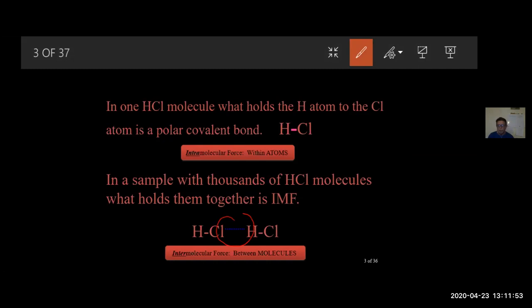Those intermolecular forces of the molecules of the heavy, thick butter are very strong. Hence, they have a solid property. The ones that are softer, like say vegetable oil, they're liquid. Those intermolecular forces are much less.